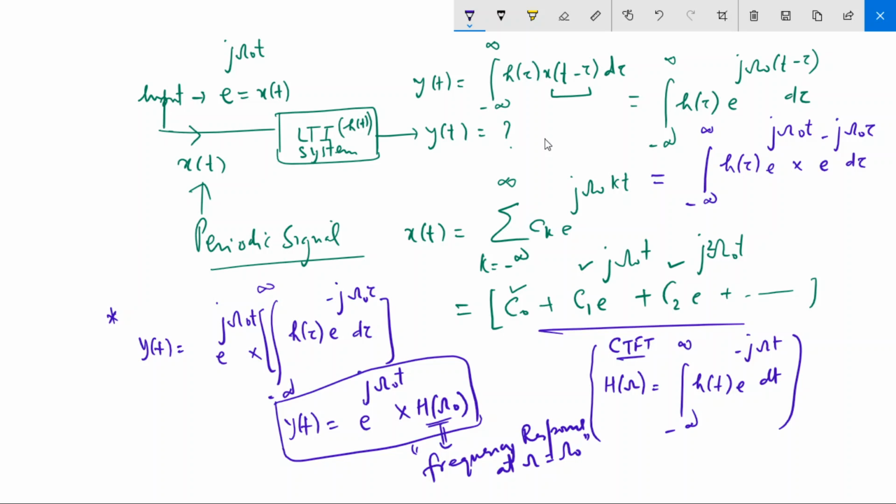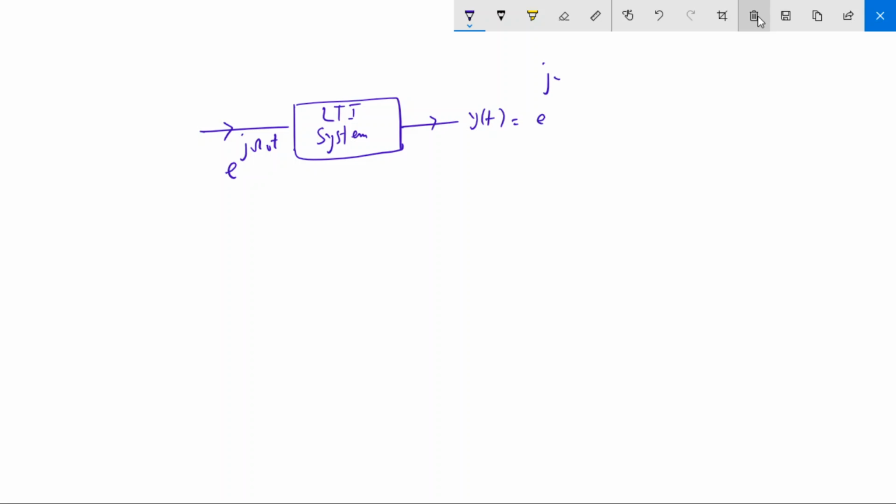The output is the same signal, e^(jω0t), multiplied with a factor H(ω0), and H(ω0) is nothing but the frequency response of the system at the frequency you are passing. So you have an input e^(jω0t), you pass it through a linear time invariant system, and the output is the same signal multiplied with H(ω0).